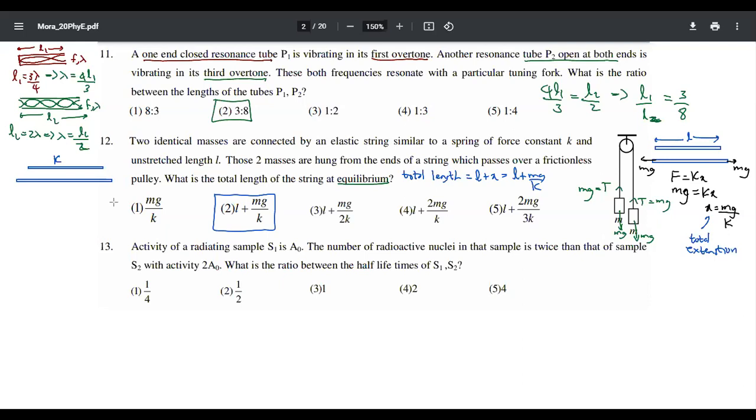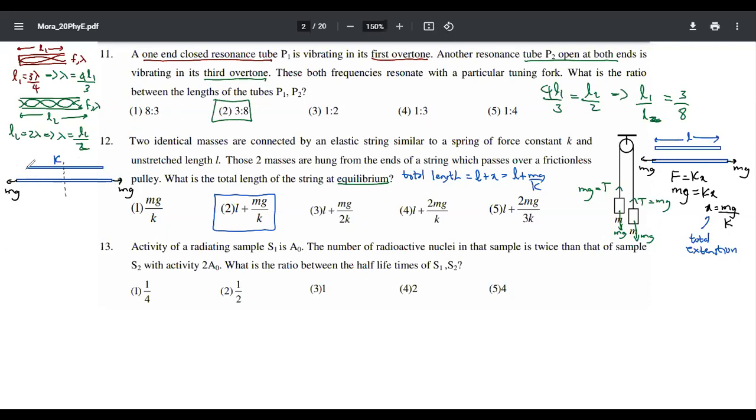Think of this half experiencing the force mg, and the other half, the left side half, is also experiencing force mg.